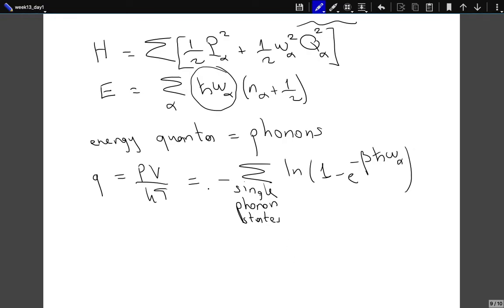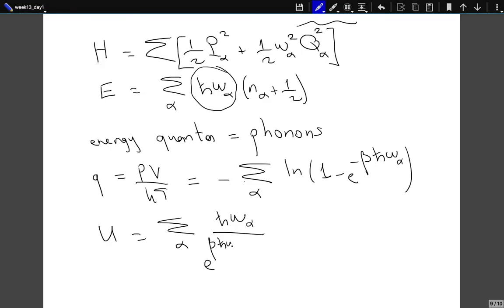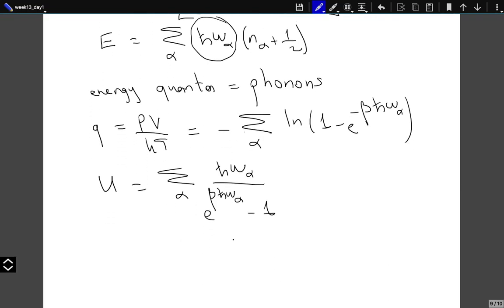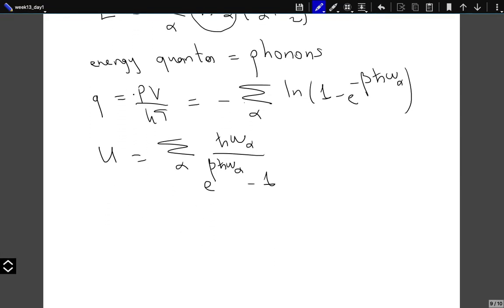I'm actually using alpha in this notation for the single phonon states. The energy will be the sum over alpha of h bar omega alpha divided by e to the power beta h bar omega alpha minus 1. And pressure is the Q potential. Basically, that's it, just like in the case of the photons.